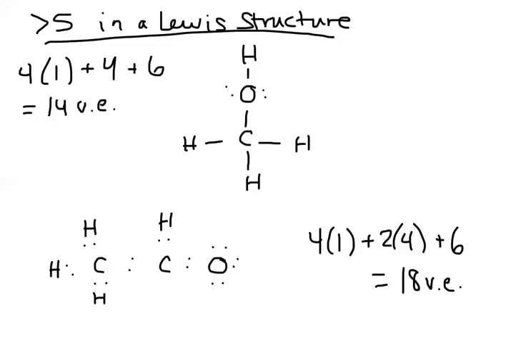Are we good? No, why aren't we good? Oh, because carbon's not happy. Carbon only has 6 electrons. So who's going to help out carbon? Oxygen. Oxygen is going to throw one of its electron pairs into a double bond.